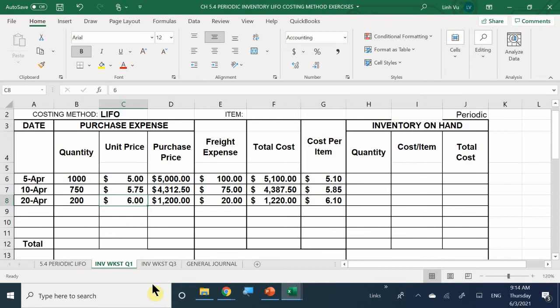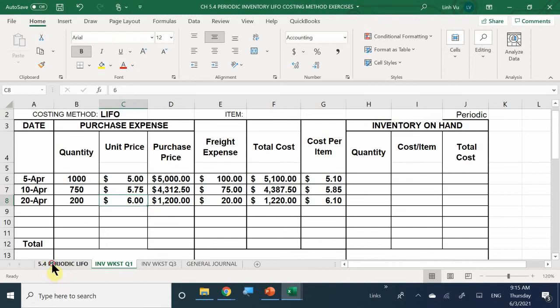So the $6 is what I originally purchased it for, but the 6.10 is going to be what I charge my customers to cover the cost when I sell my items. Are you okay with that concept? Does that make sense? Is that clear? Yes, it does. Thank you.